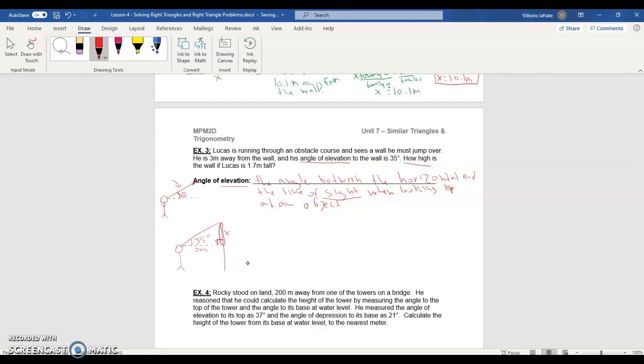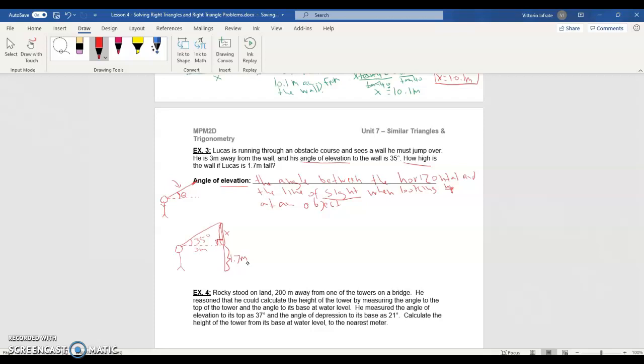But that's just a portion of the wall, right? Lucas's line of sight looks up and makes a triangle from where his head is. Remember that once we find that x value, we're then going to have to add Lucas's height to it, 1.7 meters. So in this question, it's important to draw a diagram, otherwise you might find x, but leave out Lucas's height, and then just get a portion of the wall.